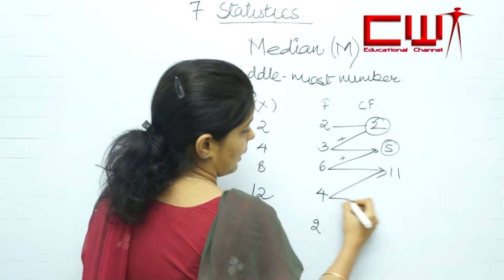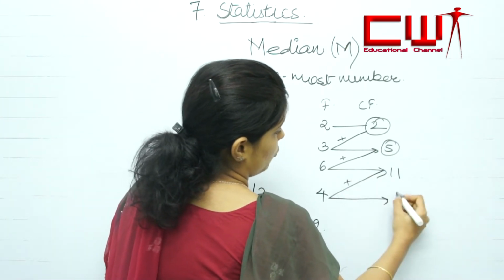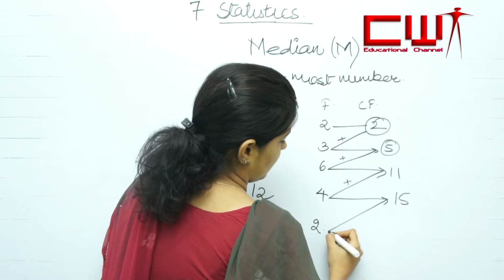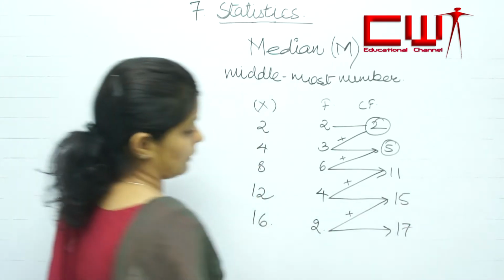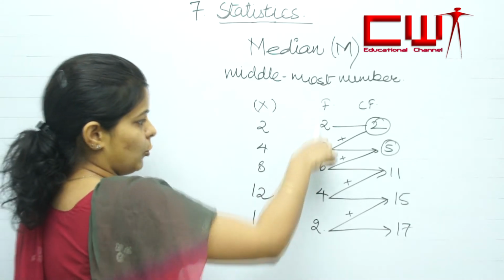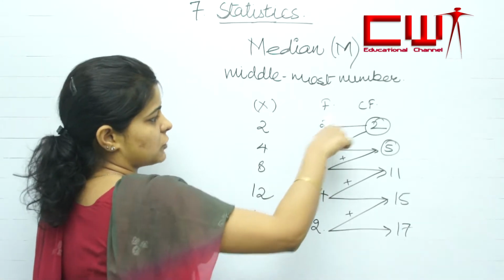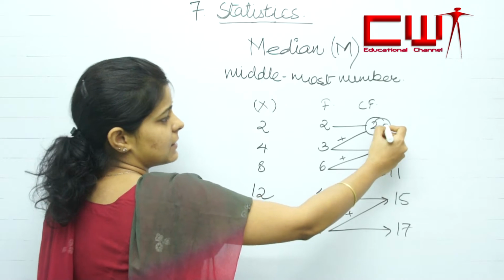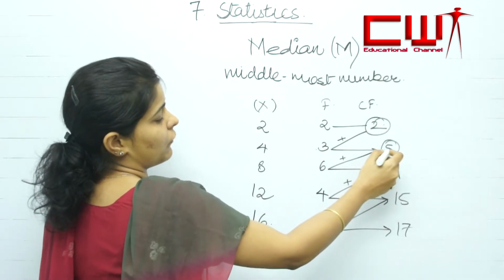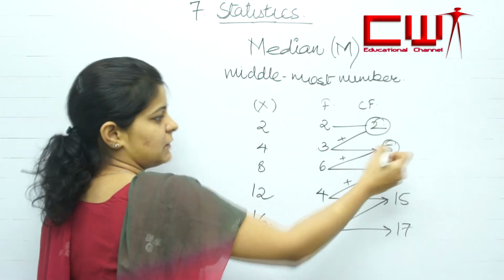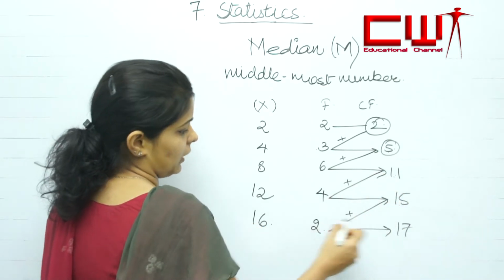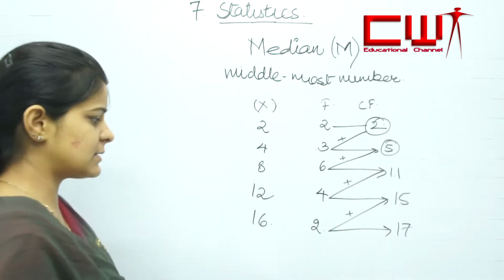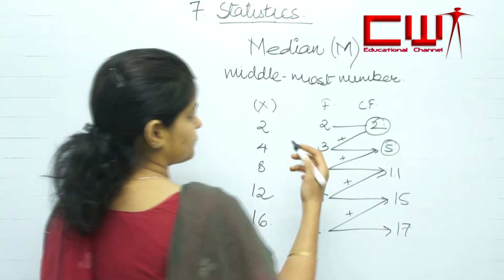This 11 and 4 will give you 15. 15 and 2 will give you how much? 17. Alright. So 2 plus 3 plus 6, you will not do this way. First you will write 2. Then this plus 3 will give you 5. Then the cumulative frequency 5 plus 6, 11. 11 and 4, 15. 15 and 2, 17. Rest the formula will remain the same.